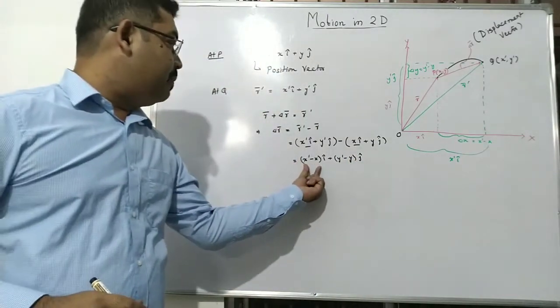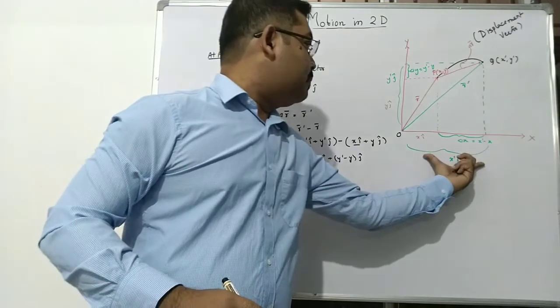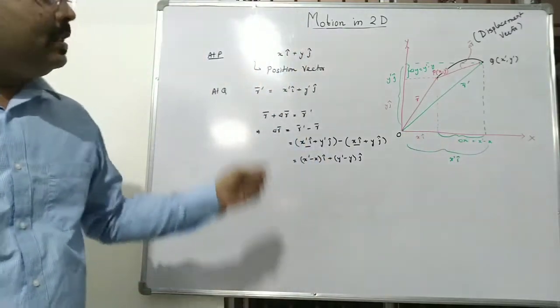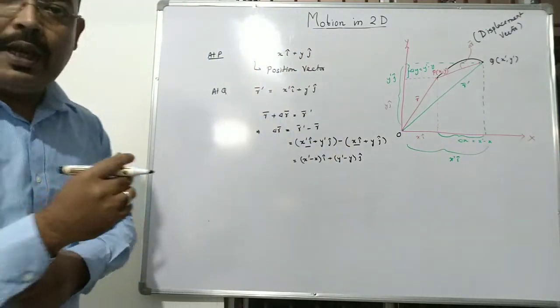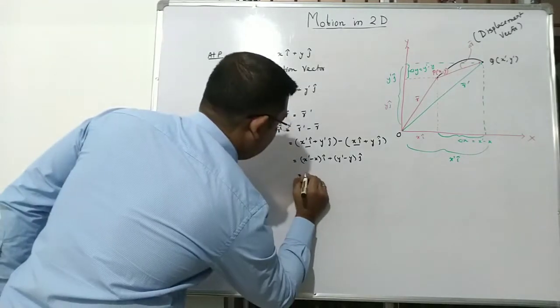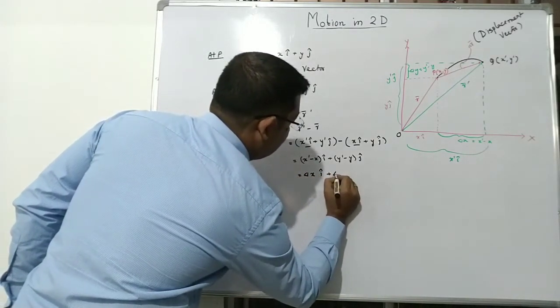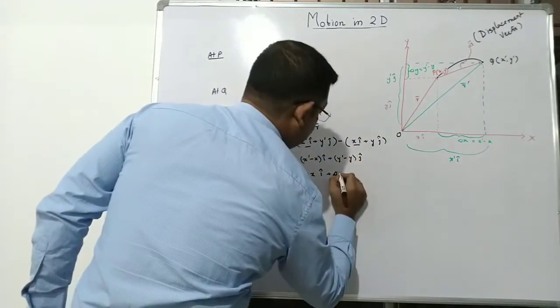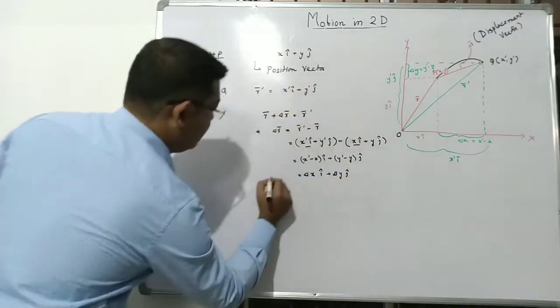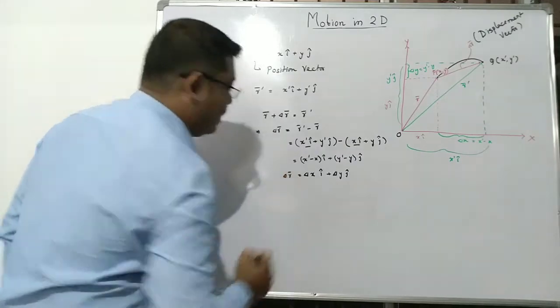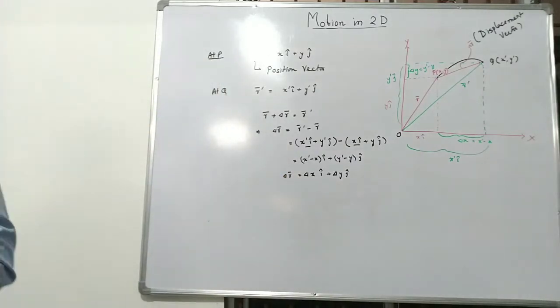So what is x dash minus x? x dash minus x is delta x, that is the change in position in the x direction. So this is equal to delta x i cap plus delta y j cap. So the delta r vector is given by this term.